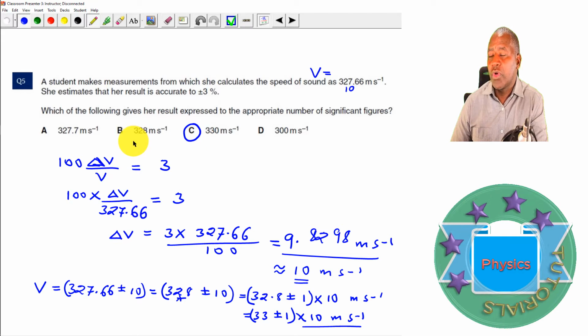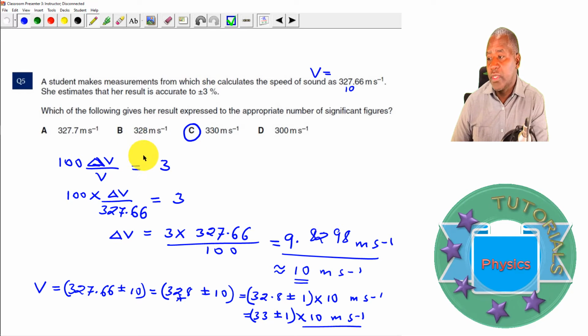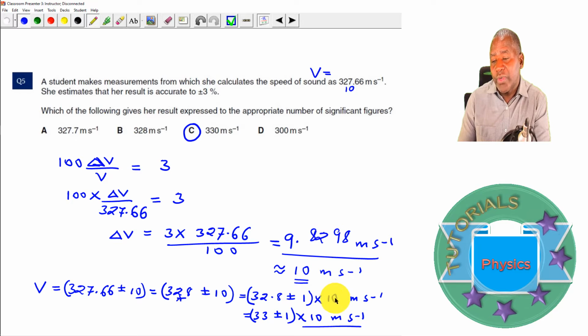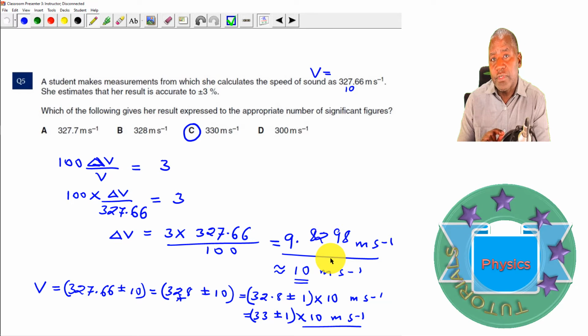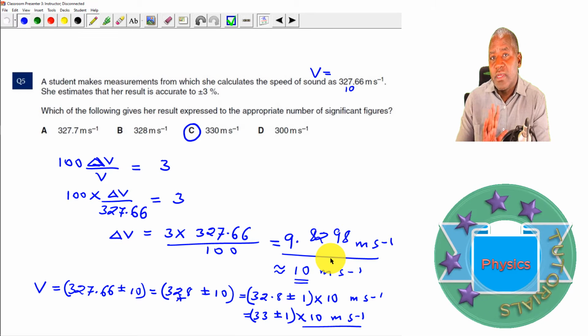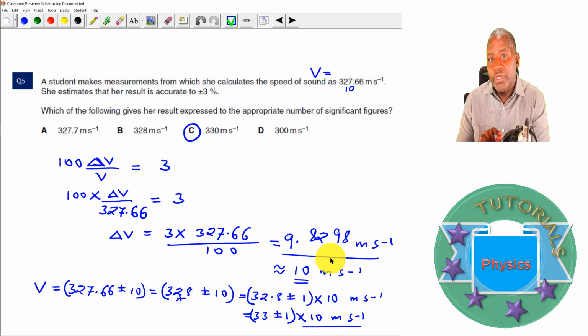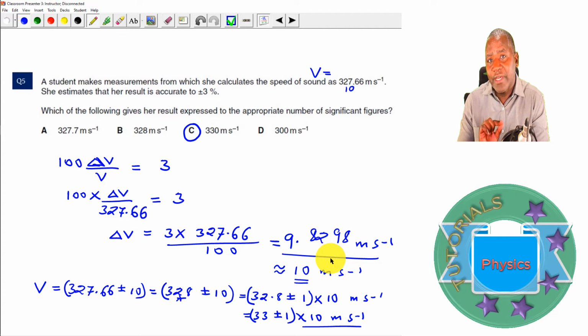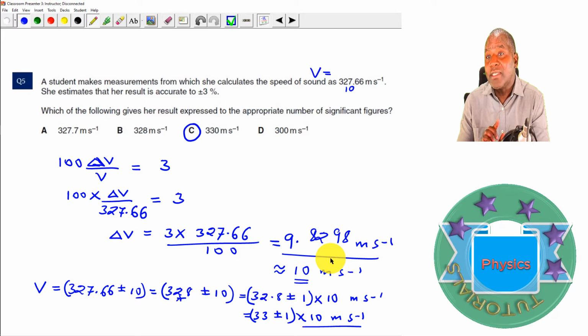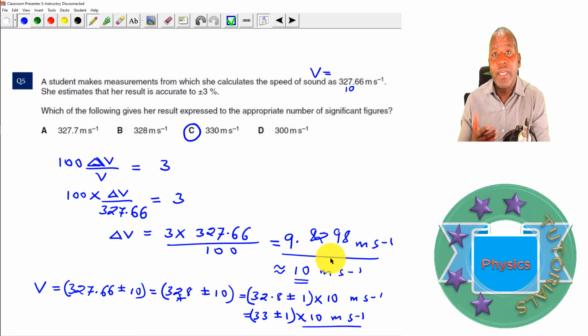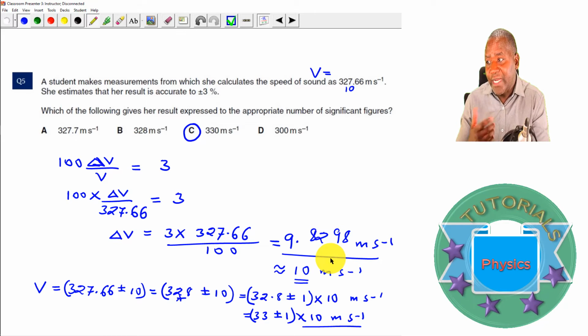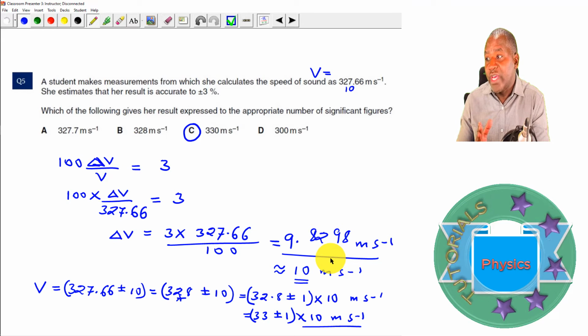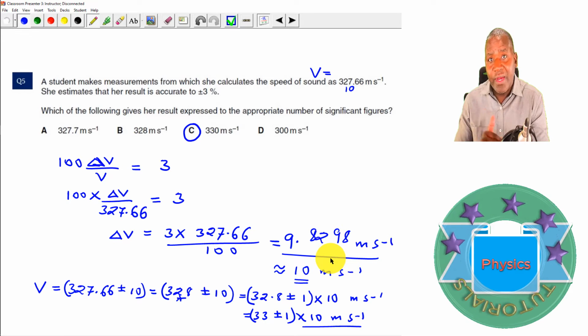You can see how close it was. So if you don't know these rules, you can easily get confused. Just remember this. Uncertainties are usually expressed to 1 significant figure, unless they are deliberately given in a question. If they are deliberately given in a question, then use them the way they are.